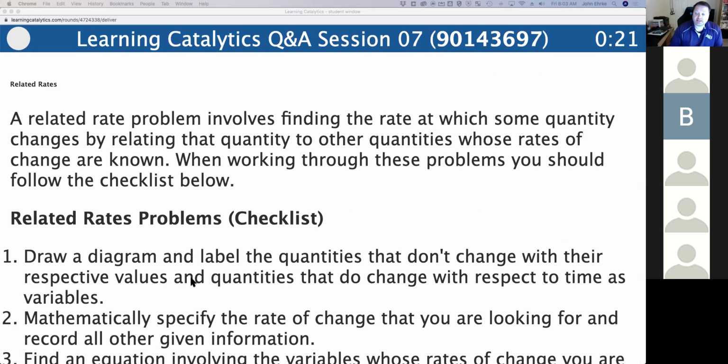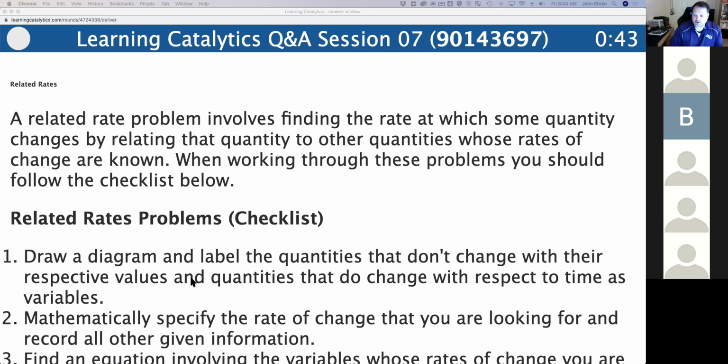What I will do today that's a little bit different than what I did in the lecture video is pause after we've drawn a picture together of the situation, which is step 1. Then in Learning Catalytics, I want you all to tell me what is the given rate and what is the wanted rate.